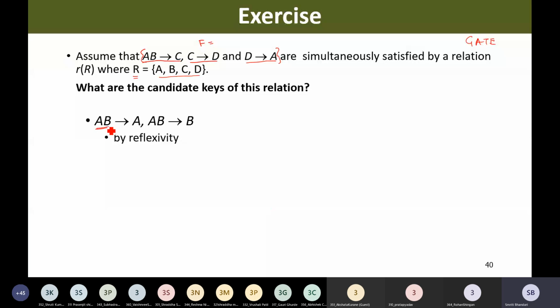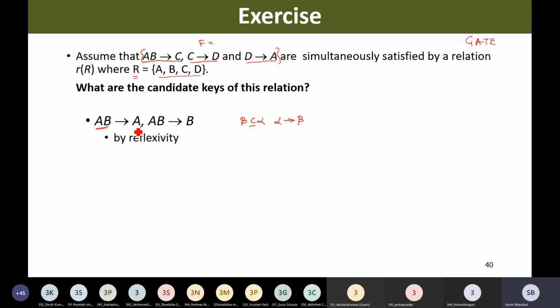If we pick these 2 attributes A, B, then we may come up with AB to A and AB to B by the reflexivity rule. What does my reflexivity rule say? If beta is a subset of alpha, then I may have a dependency like alpha to beta.